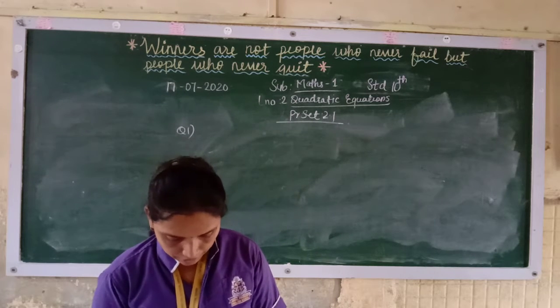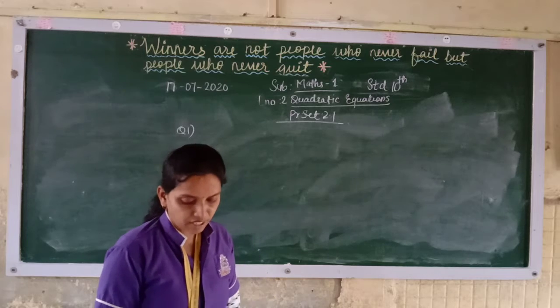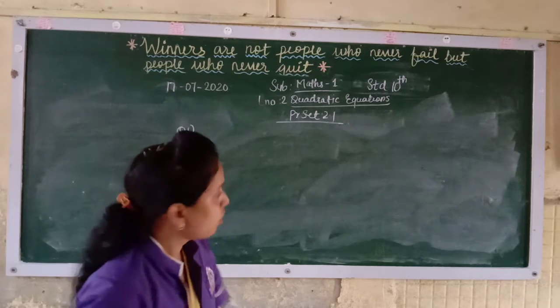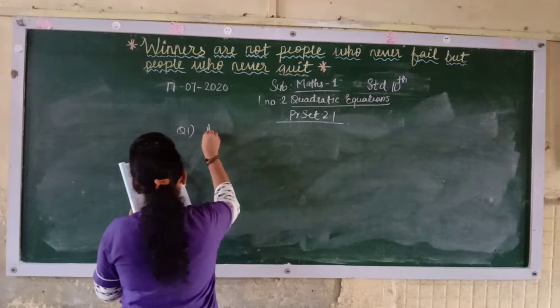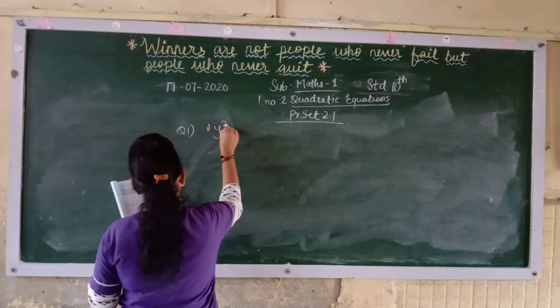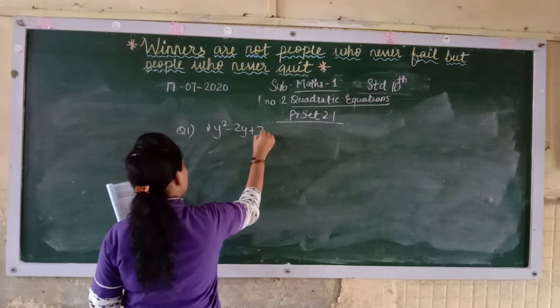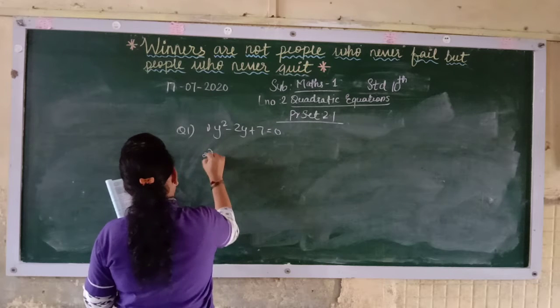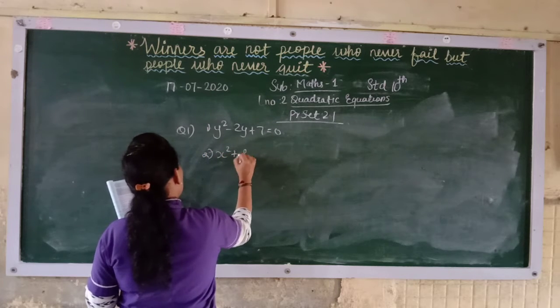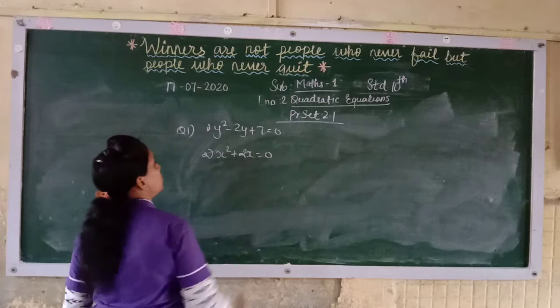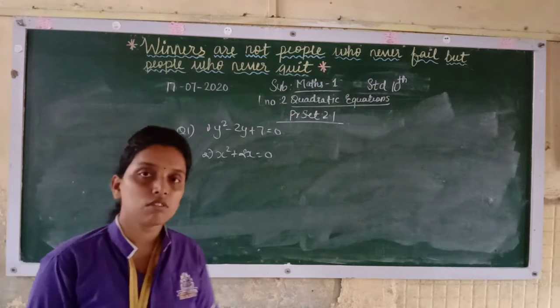Write any two quadratic equations. So you can write any two quadratic equations, whatever you feel. For example, the first one we are writing is y square minus 2y plus 7 is equal to 0. And the second one is x square plus 2x is equal to 0. So these two are quadratic equations over here.